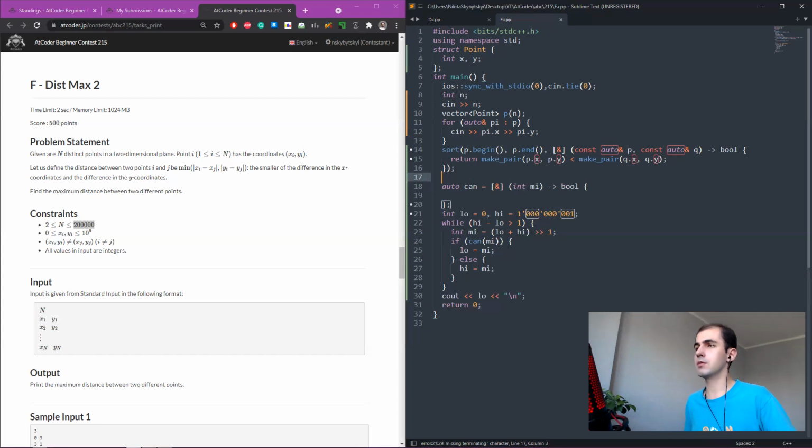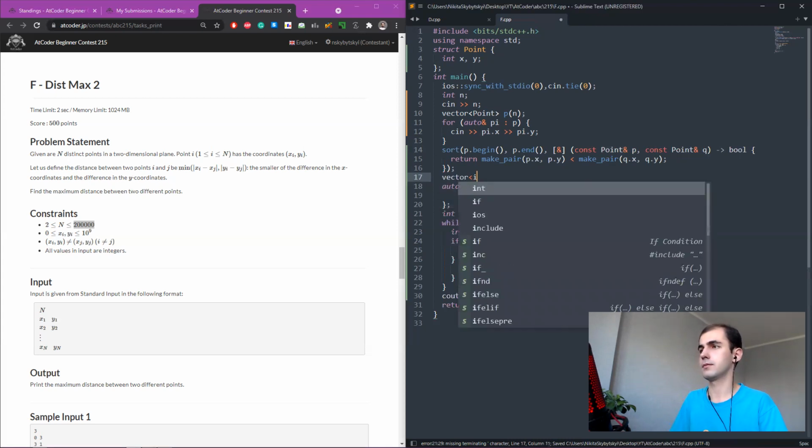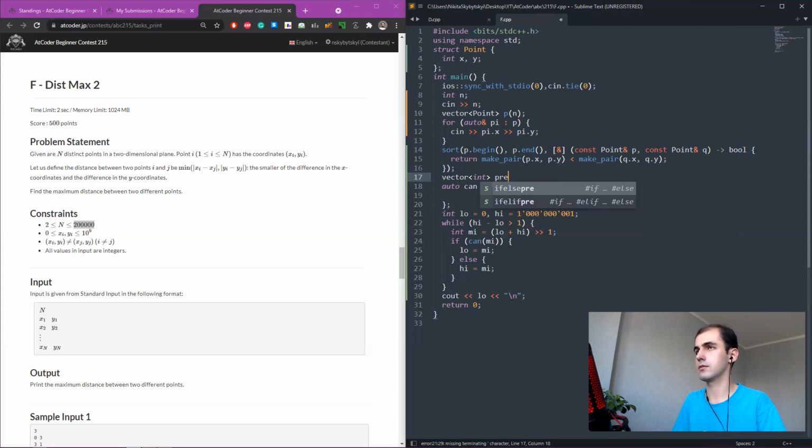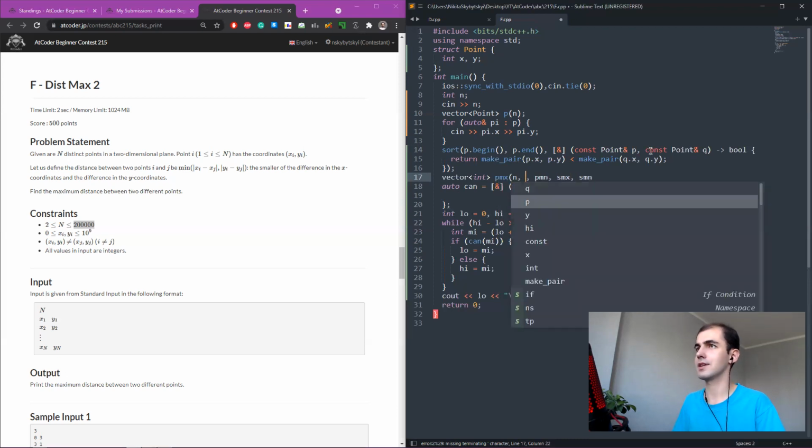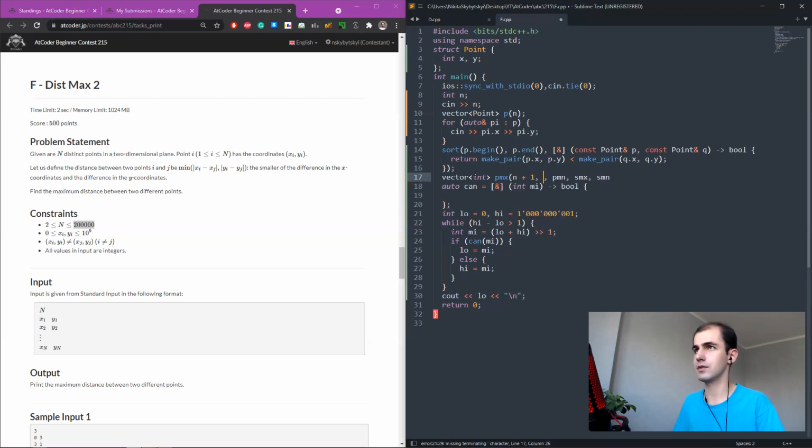So we'll need prefix minimums and maximums. Okay, I can do that. Prefix maximums, prefix minimums, suffix maximums, suffix minimums. Size is n+1, let's say, for each one of them.